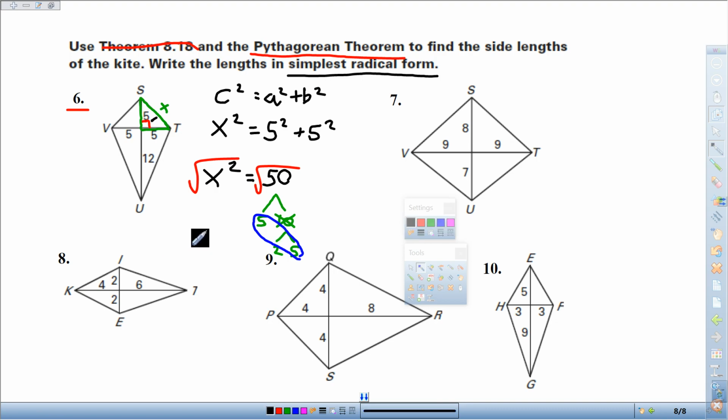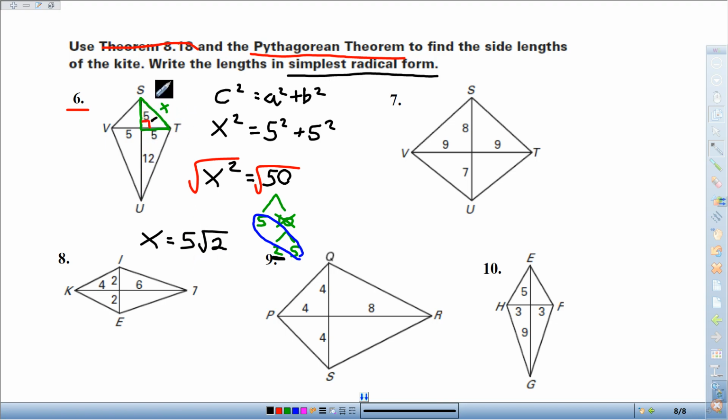What stays inside the radical, the square root, is what did not pair up, and this 2 is what doesn't pair up. So a 5 square root of 2 is what we get there.